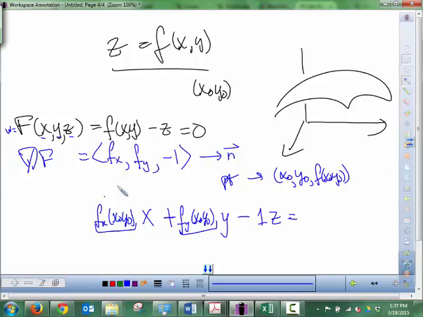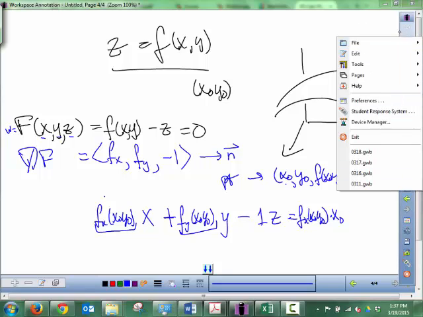Wouldn't it be x minus x naught? Oh no, you're using it for the other side. Okay. So the other side, I'll get fx evaluated at x naught, y naught times x naught. You see it?